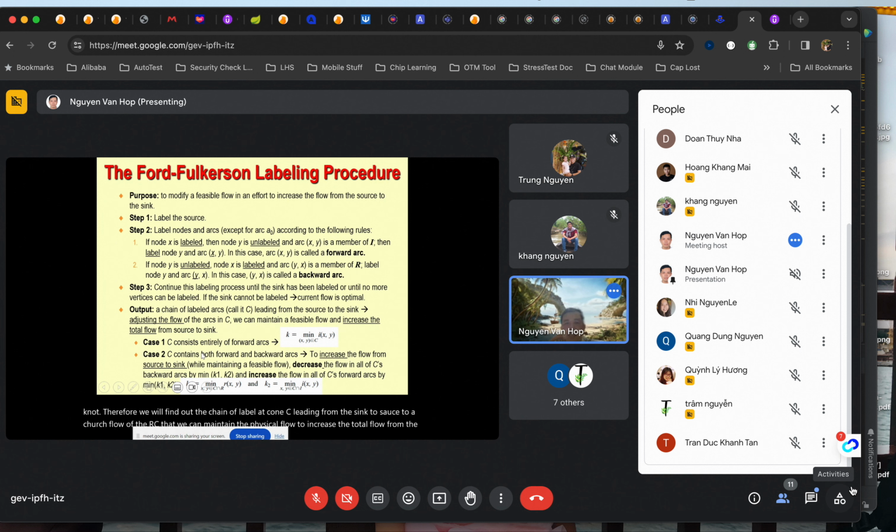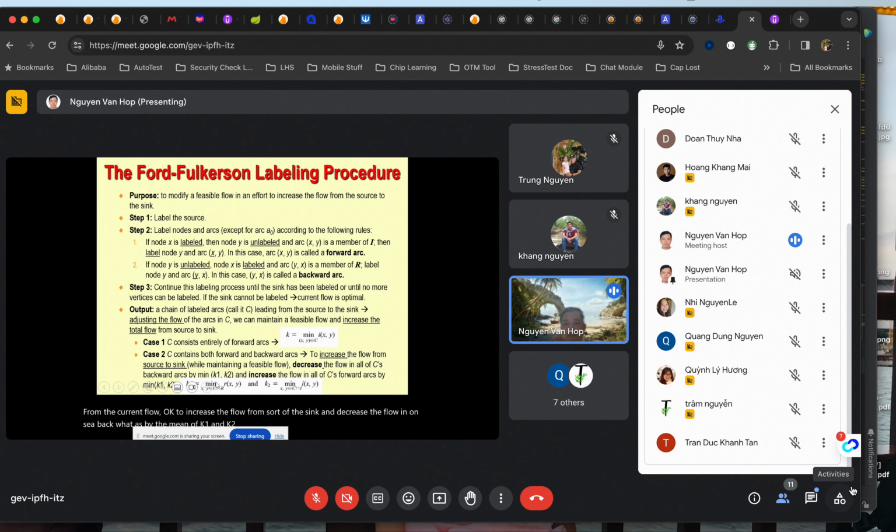so that we can maintain the physical flow and increase the total flow from the source to the sink, in two cases. In the first case, the chain C consists only of forward arcs, and we increase the flow. In the second case, if C contains both backward and forward arcs, we try to increase the flow this way: we change the current flow, increasing the flow from source to sink and decreasing the flow in all backward arcs of C, by the minimum of K1 and K2.